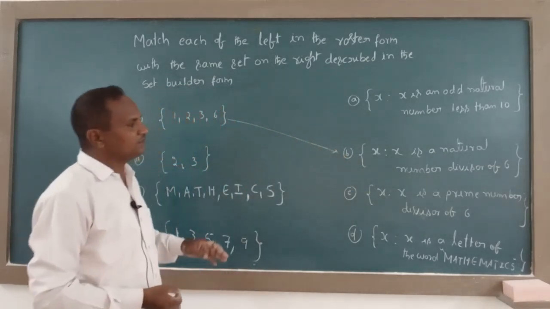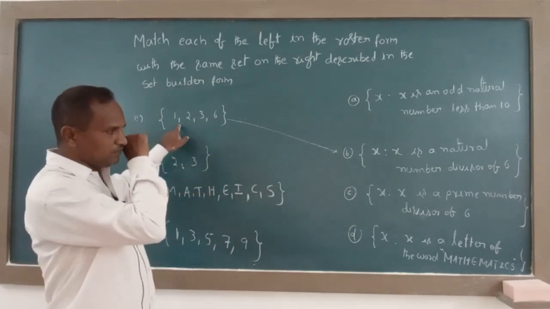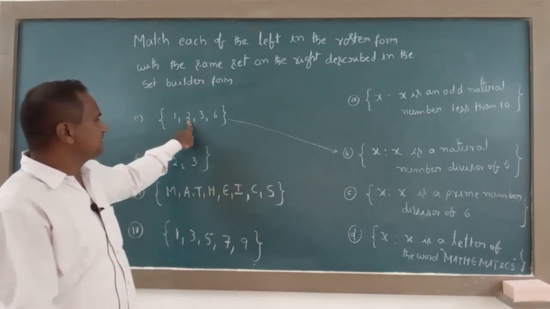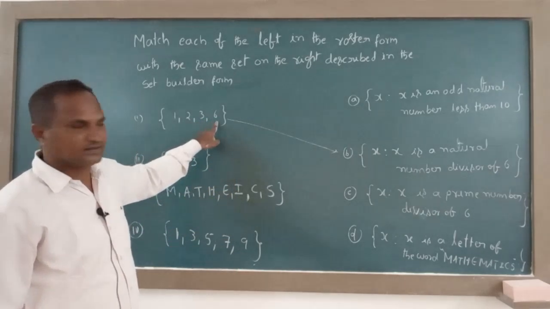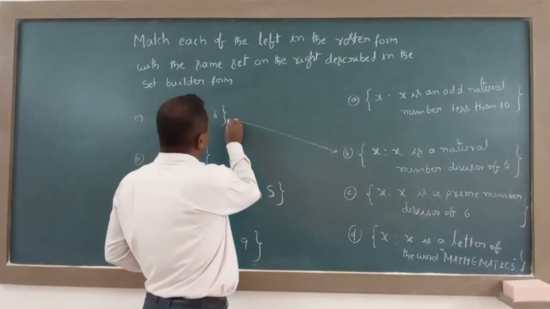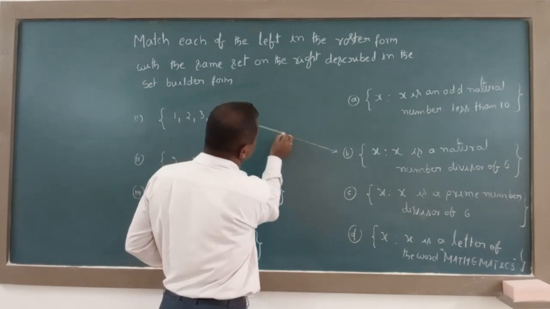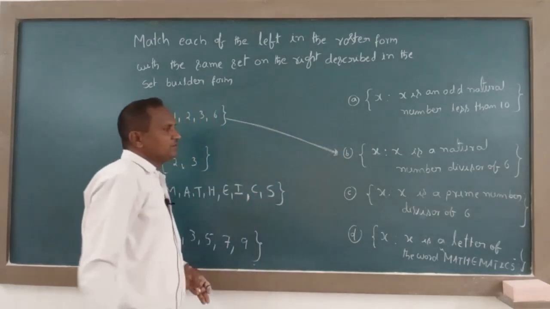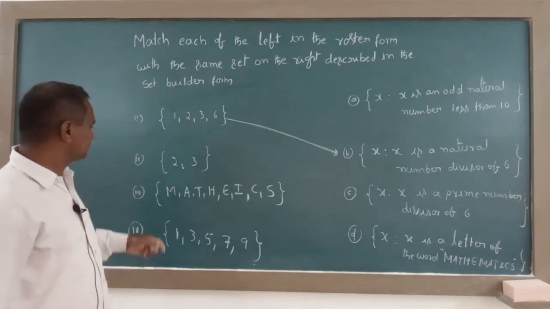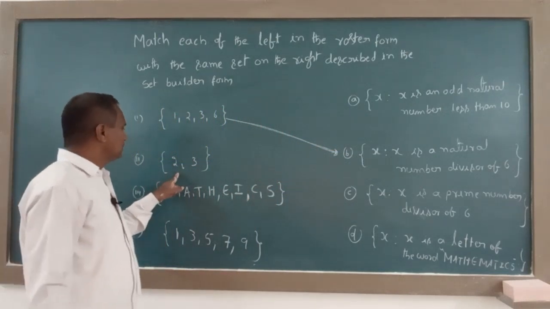X is a natural number divisor of 6 means 1 divides 6, 2 divides 6, 3 divides 6 and 6 divides 6. That's why the first set is mapped with B, the second set builder form. Next, 2, 3.